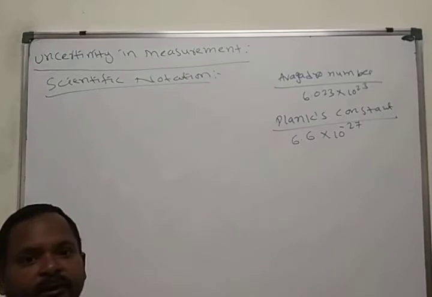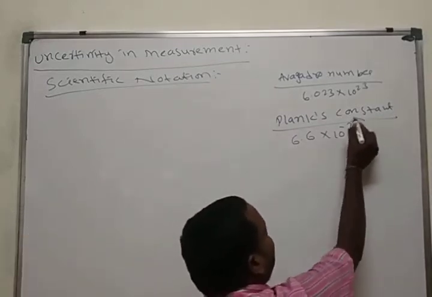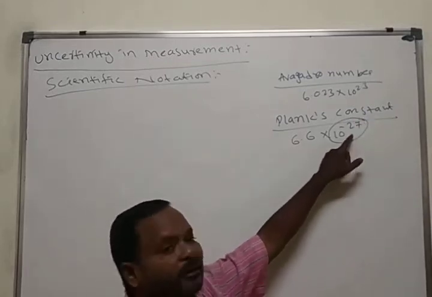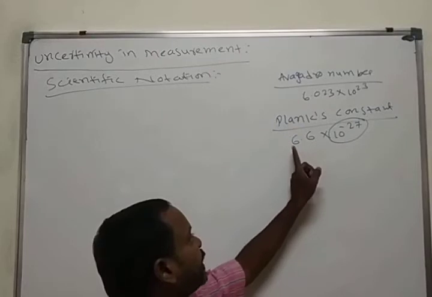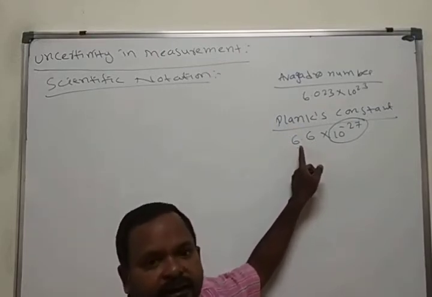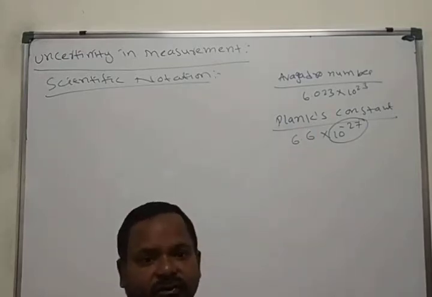Minus 27 means we should add 27 zeros before the 6.6 value. That is also one of the funny things, if we write it using 27 zeros.